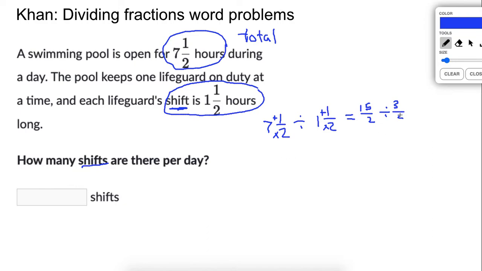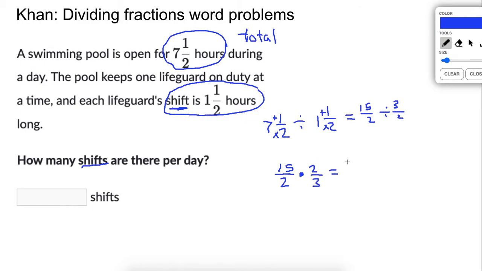Okay, and then let's change it to our multiplication problem now. So again, 15 halves, first fraction does not change. And you can't switch the order of these fractions. A lot of people want to do that. So we end up with 15 halves times the reciprocal of this, which is 2/3.